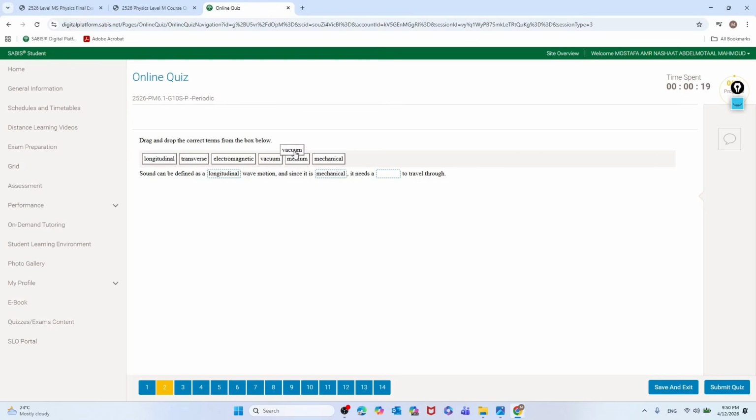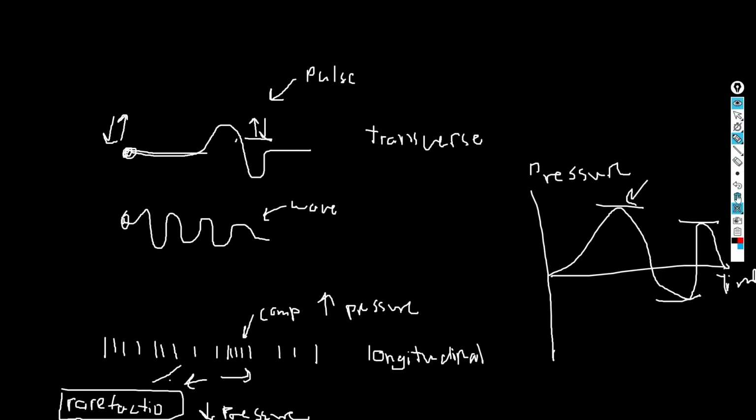They need to travel through a medium. Look, guys, you have mechanical waves, like sound waves, where particles push each other, or electromagnetic waves, which are always transverse waves. Electromagnetic waves can travel through a vacuum, like light.